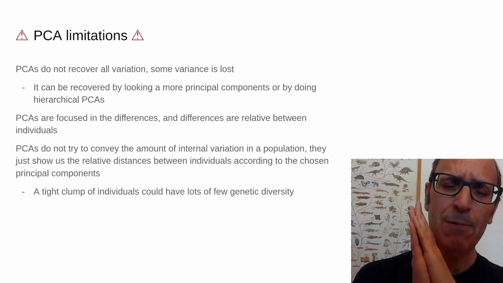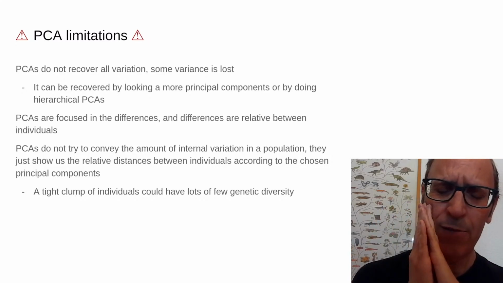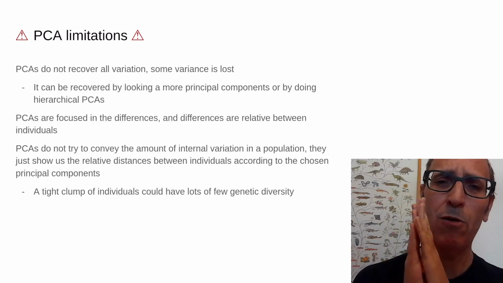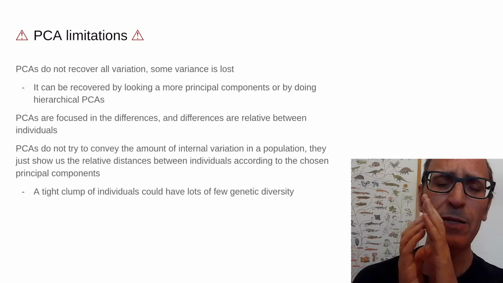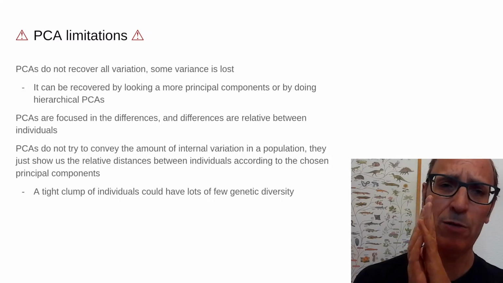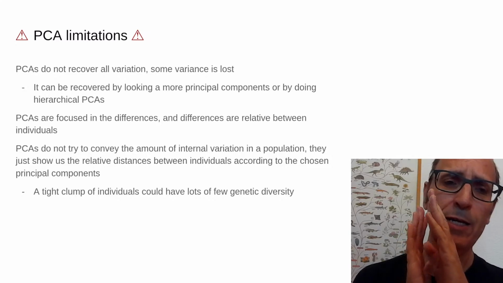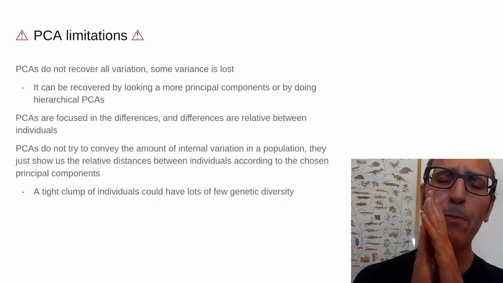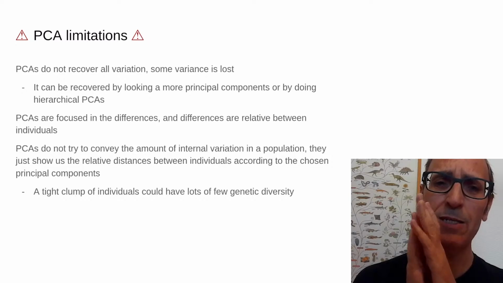There are some things to remember when you take a look at PCA. First, you are not recovering all variation, okay? Some variation will be lost because of the projection. What you are guaranteed is that you are recovering as much variation as possible, but some will be lost.